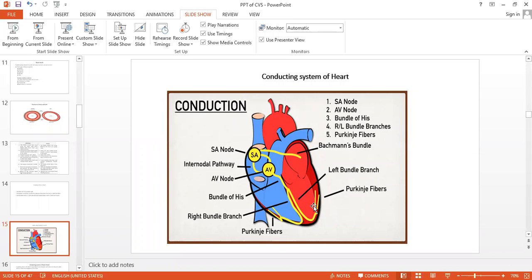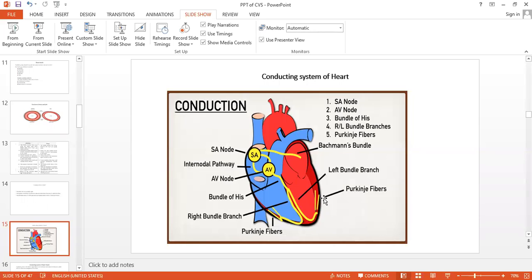First, the action potential is generated in the SA node, then transmitted to the AV node, then to the bundle of His, then to the right and left bundle branches, and then to the Purkinje fibers. So when the impulse is generated together, the ventricle starts contracting.